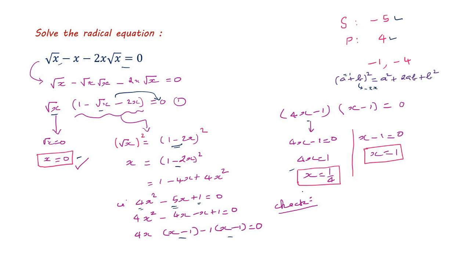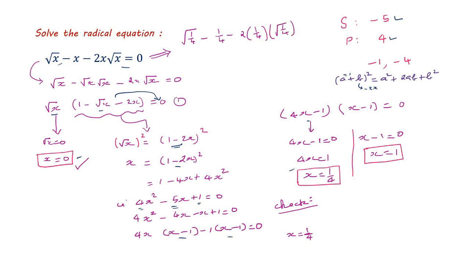Now coming to x is equal to 1 by 4. Now you substitute x as 1 by 4 in the original equation as shown here: root 1 by 4 minus 1 by 4 minus 2 into 1 by 4 root 1 by 4.